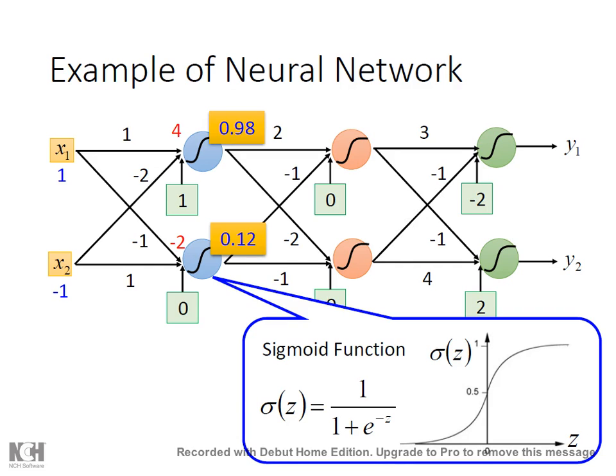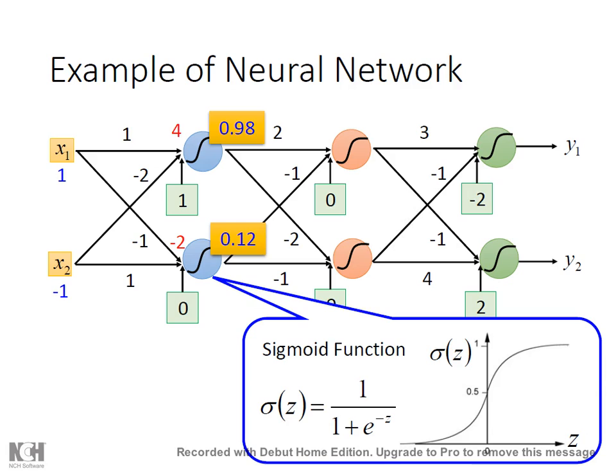So let's see how we compute it to generate the final output. Suppose the input is 1, negative 1, and the weight connecting to this neuron is 1, negative 2 from here to here. The weight to here is negative 1, and this one is 1. Okay, so we have the given weights.